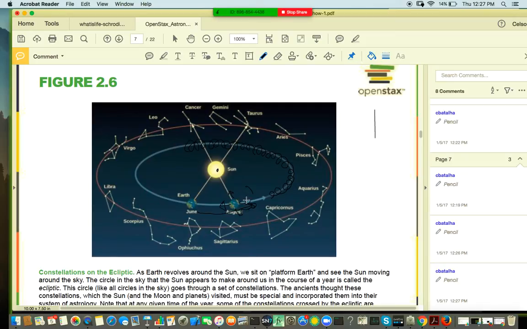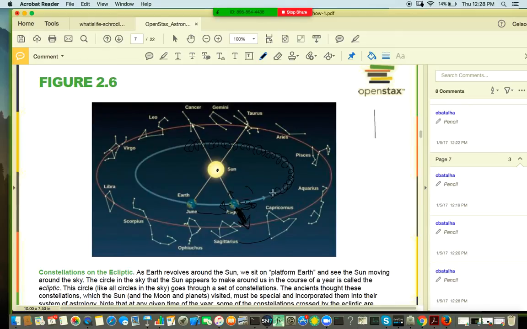So Earth's revolution around the Sun makes us, let's say, at midnight, facing the celestial sphere in this position right here, between Sagittarius and Capricornus.